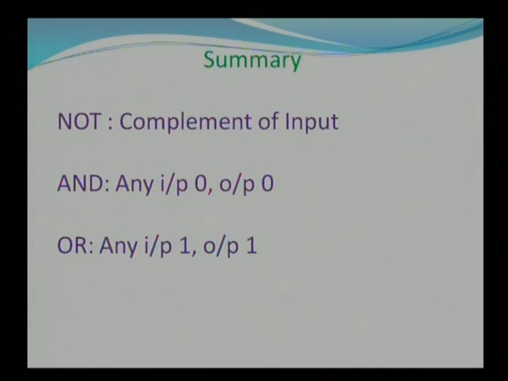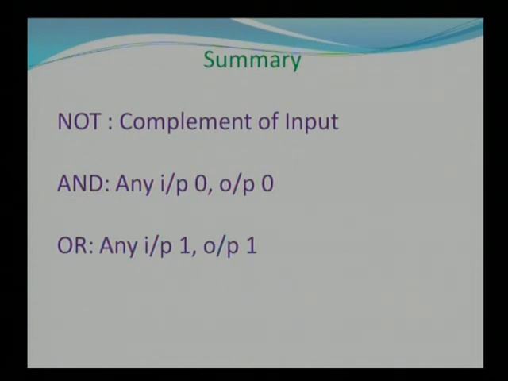So what can you recall as a conclusion? The NOT gate complements the input. It has only one input, so if the input is 0, the output becomes 1, and if 1 then 0. For the AND gate, any input 0 gives output 0.